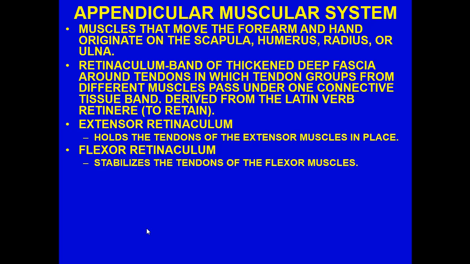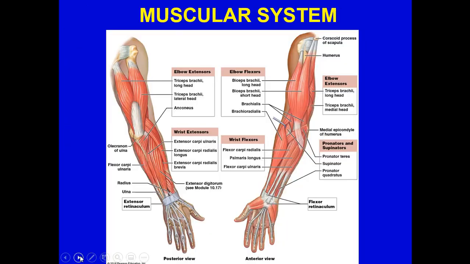Now we have an extensor retinaculum and a flexor retinaculum. The extensor retinaculum holds the tendons of the extensor muscles in place, whereas the flexor retinaculum stabilizes the tendons of the flexor muscles. Now, if you look here on this posterior view, here's the extensor retinaculum side.